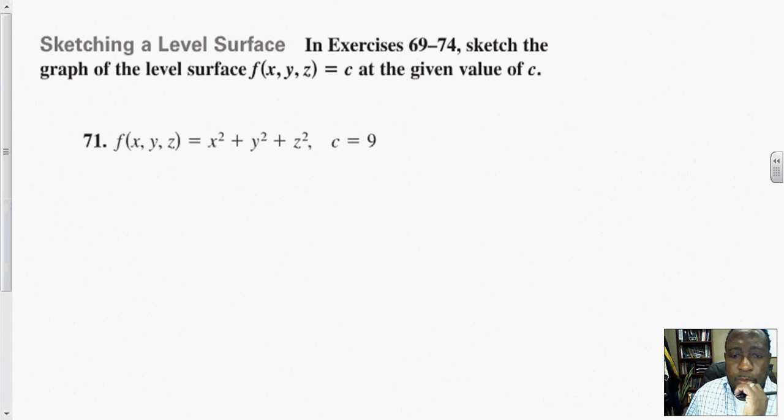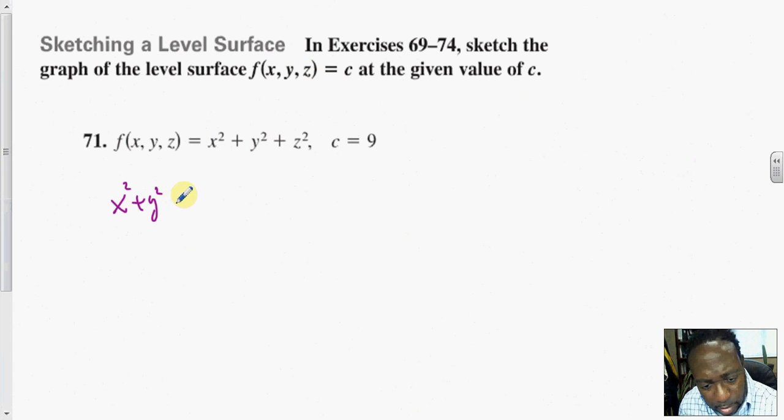Okay, here sketch the graph of the level surface. It's called a surface because here we're talking about a scalar in 3-space. We assign f of x, y, z to be the number c. So all we have here is x squared plus y squared plus z squared is equal to 3 squared.